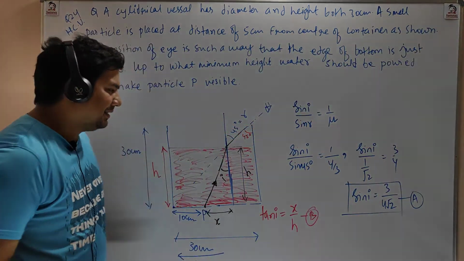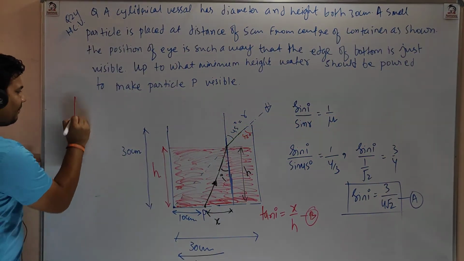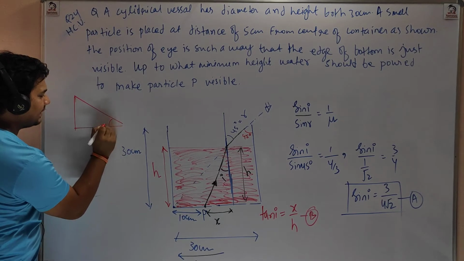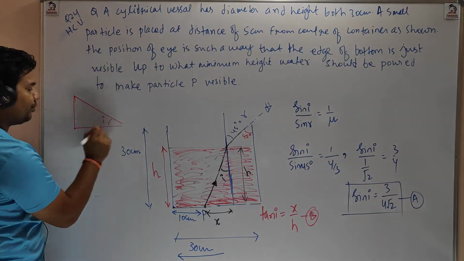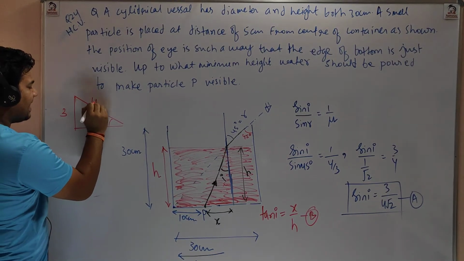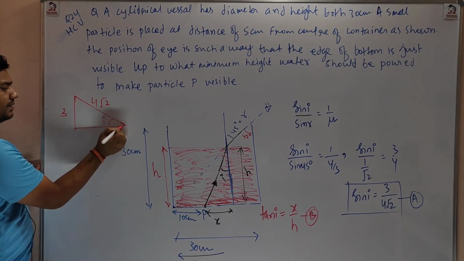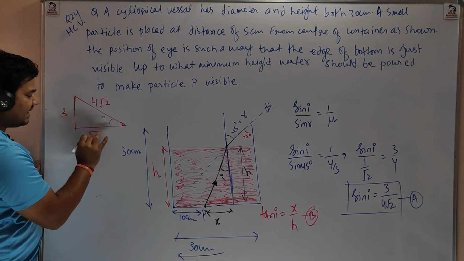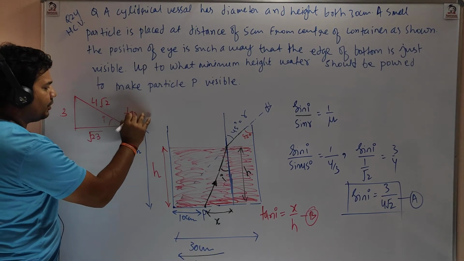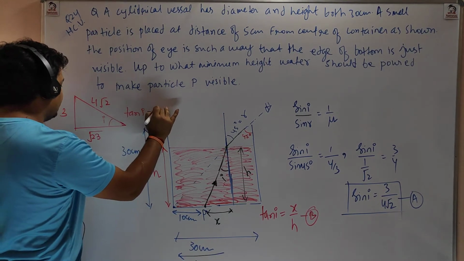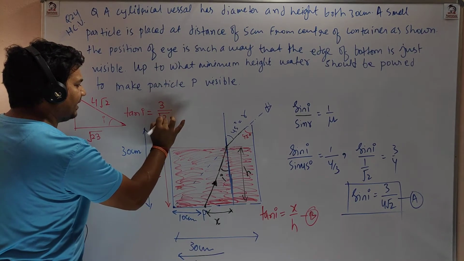Today, finding the value of tan i by sin i: sin i is 3 by 4 root 2, means perpendicular is 3 and hypotenuse is 4 root 2. Apply Pythagoras theorem, you will get this as root 23. So you got tan i as 3 by root 23.